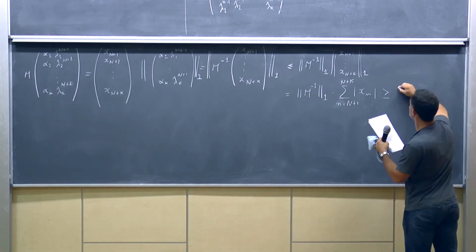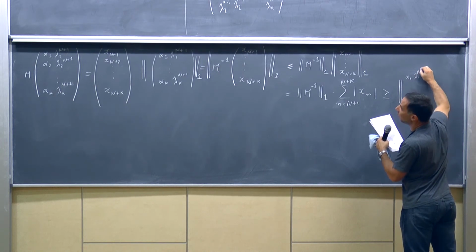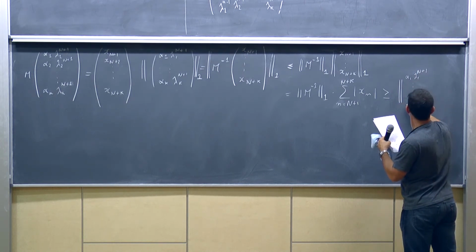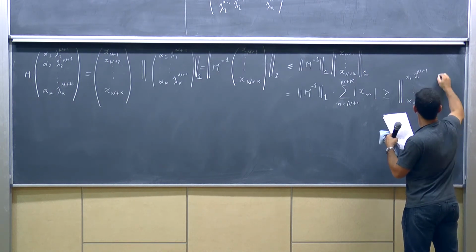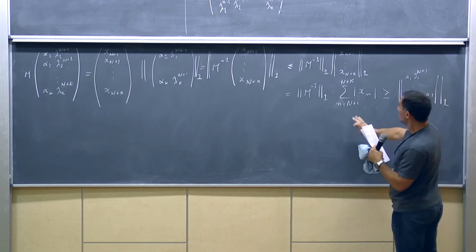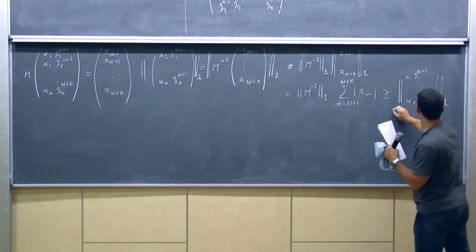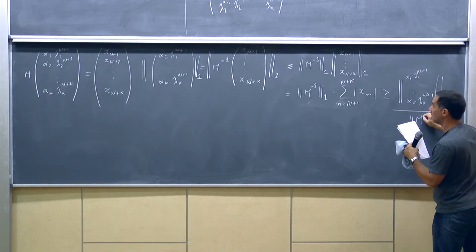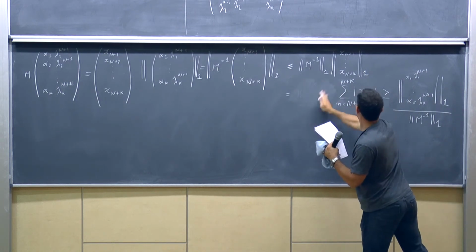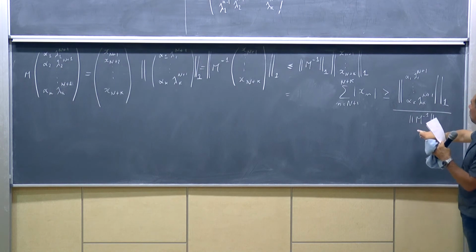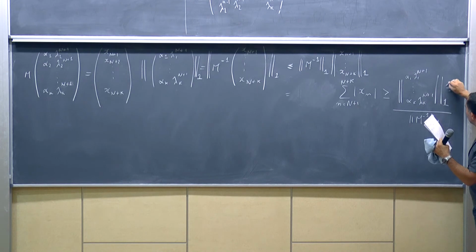Which is the one norm of alpha 1 lambda 1 to the n plus 1, up to alpha k lambda k to the n plus 1. Okay? So I divide by this, and this expression here is bounded below by that, and I will call this my constant C2.